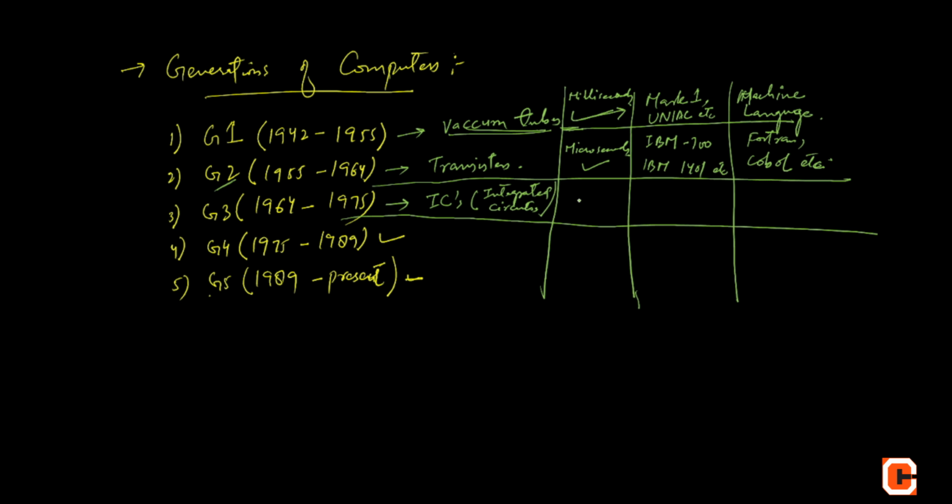two generations. In here the speed was measured in nanoseconds. More powerful than these two. And some examples in here were IBM 360 probably, and ICL 1901, yes, if I'm not wrong, etc. Those are the few examples.